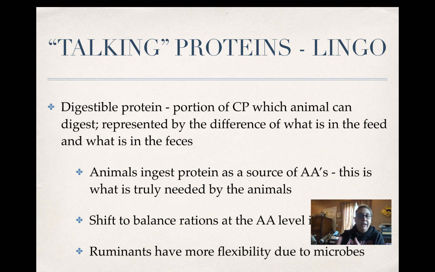We are shifting away from crude protein and really starting to look at what's degradable, not degradable, specific amino acids, and other terminology that is really starting to be defined better and better as we begin to understand protein nutrition better. The species that have the most flexibility with protein are the ruminants because of the microbial population that is pre-gastric.